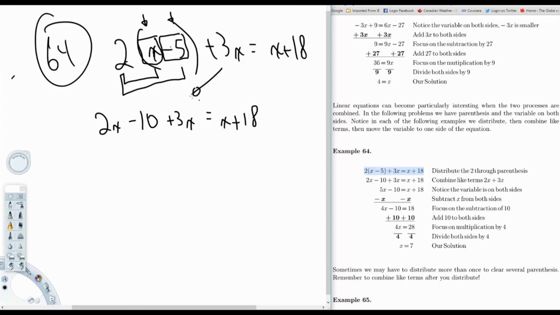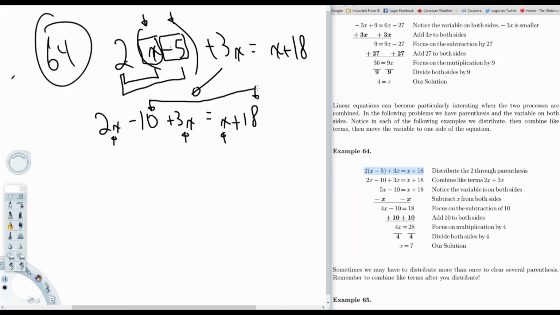Or another way of saying it is we want all the variables together and all the constants together. It's a variable because the value could change depending on what I put into that x. And this negative 10 is going to stay negative 10 no matter what I do. It's not changing. Neither is this 18.